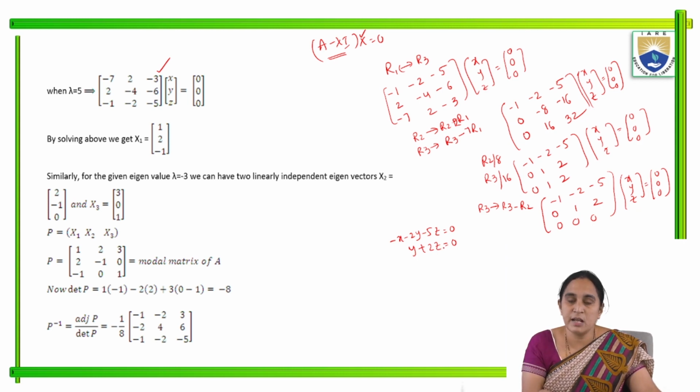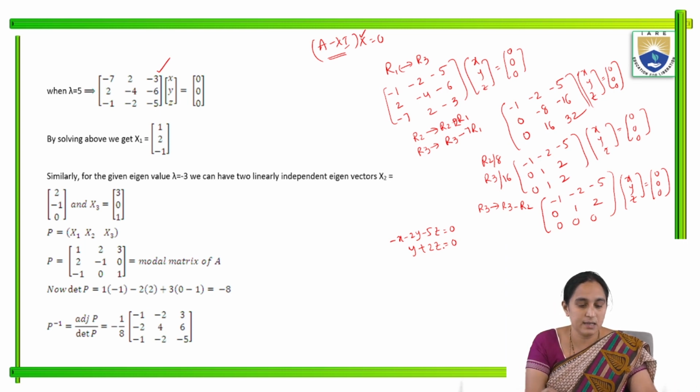From that, I'm assuming one as an arbitrary constant. Here I'm assuming either x or z as the arbitrary constant. Once observe, I'll assume z as k. From that, what about y? That is minus 2k. Y is equal to minus 2k.